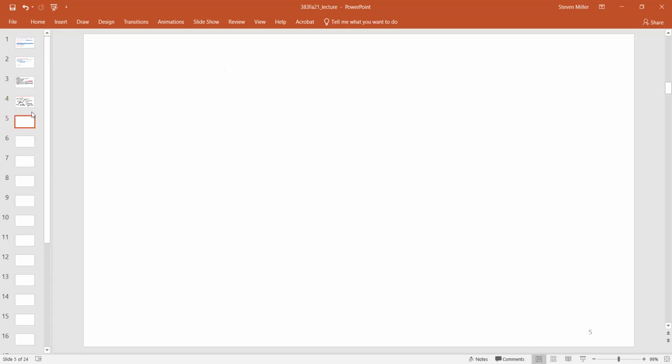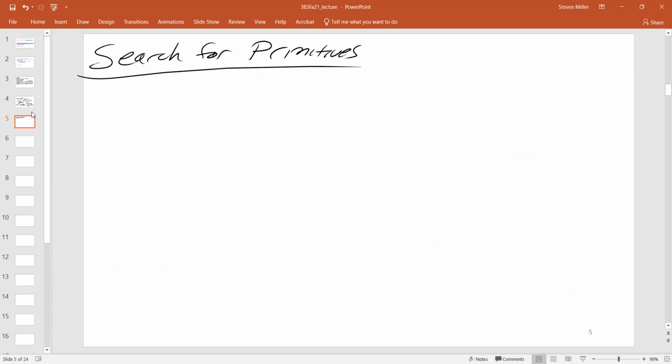So this leads naturally to the search for primitives. So I want to know, can you find primitives of functions? If most functions don't have primitives, this is of course going to be a useless result. The hope is that a large class of functions will have primitives.